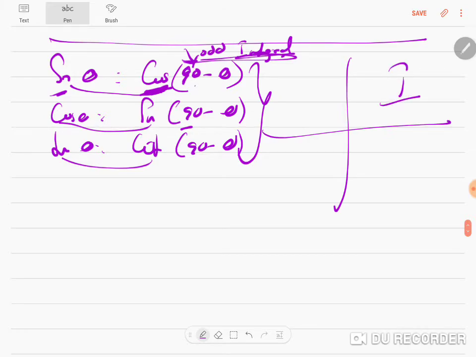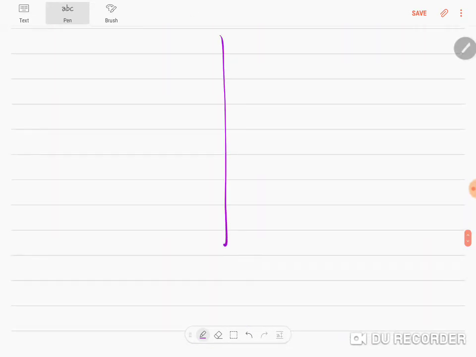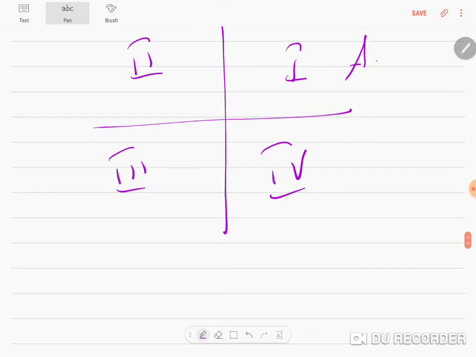See, you have learnt only about the first quadrant last year, but this year there are 4 quadrants: first, second, third and fourth. In the first quadrant, all are positive. In the second quadrant, sin values alone will be positive. In the third quadrant, tan values alone will be positive. In the fourth quadrant, cos alone will be positive.